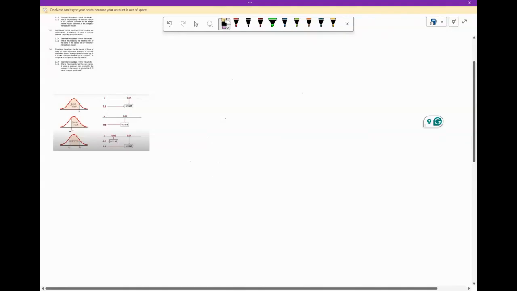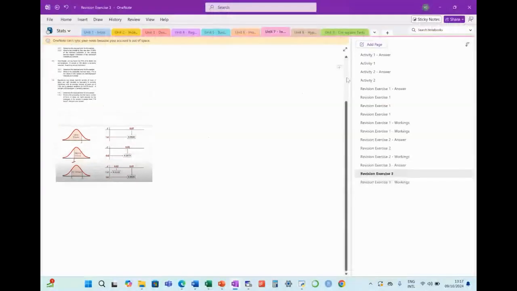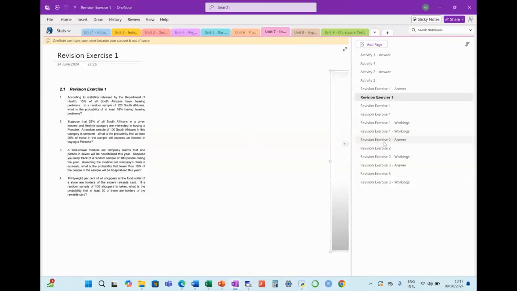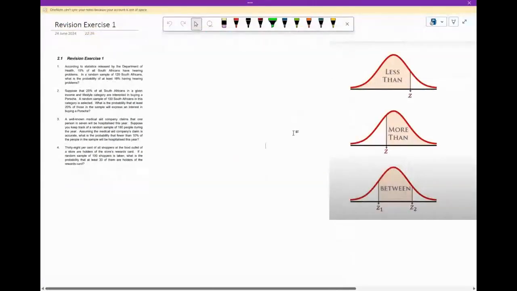So let's start with revision exercise 1. There we go. I have actually inserted it. Okay, quick recap.